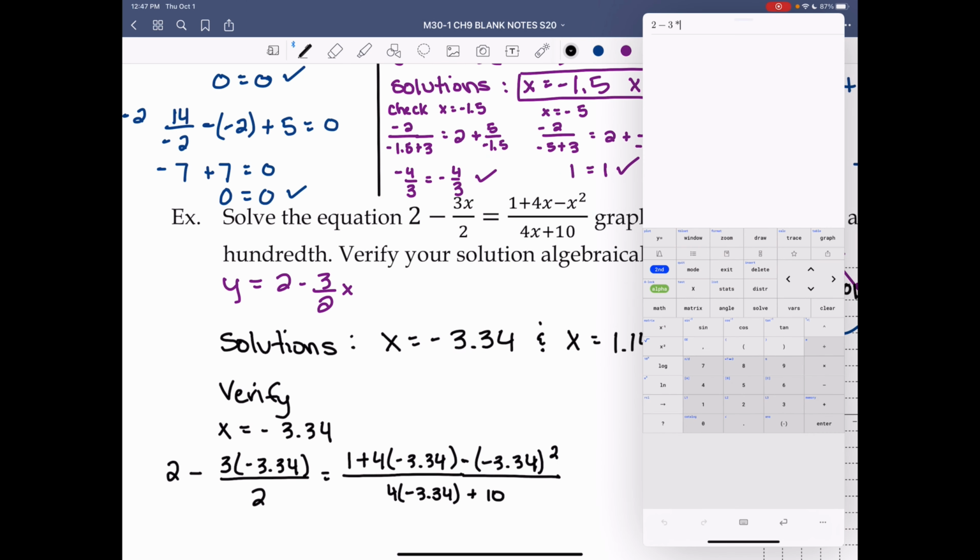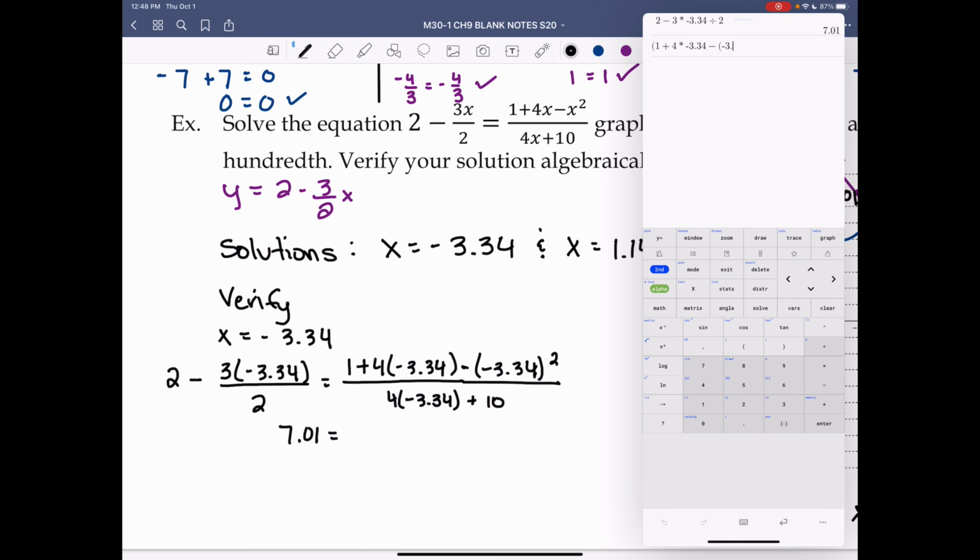Bracket the numerator, 1 plus 4 times negative 3.34 minus, negative, bracket, negative 3.34, close bracket, squared.